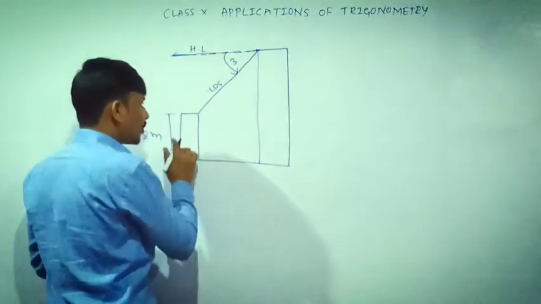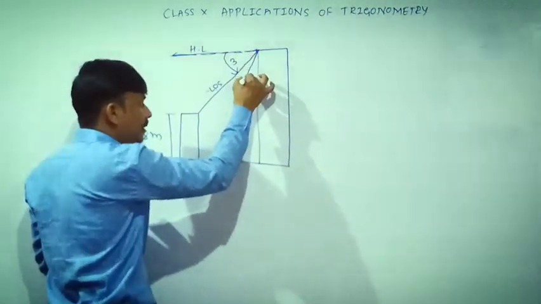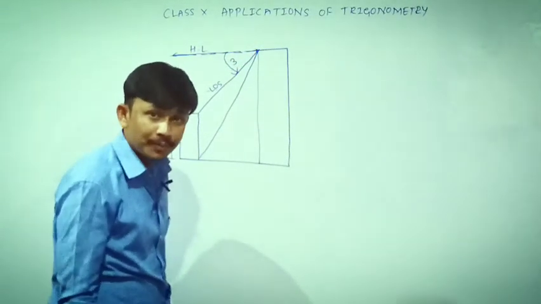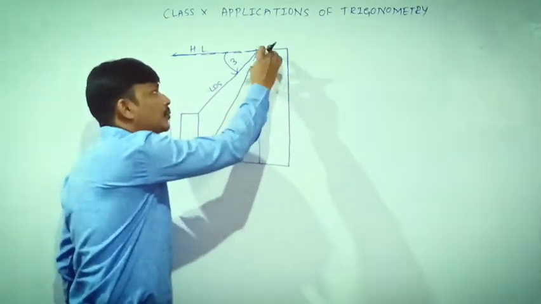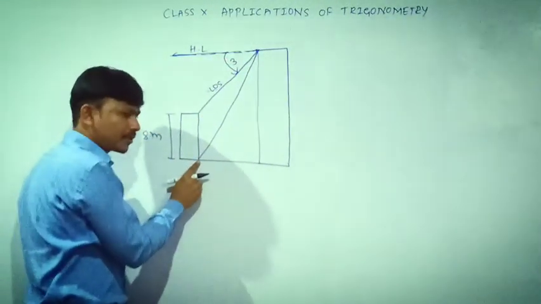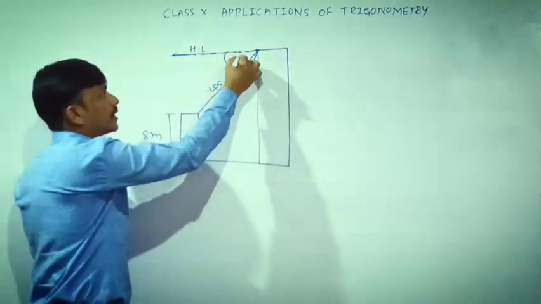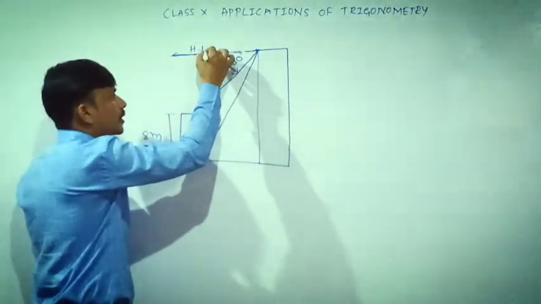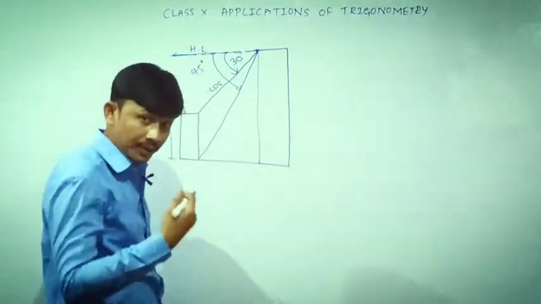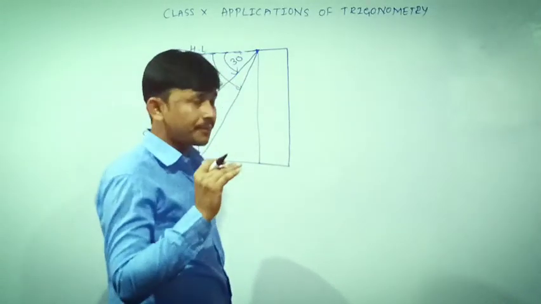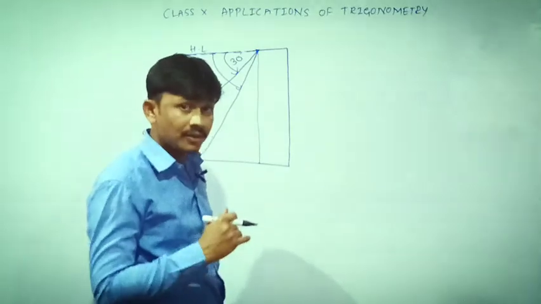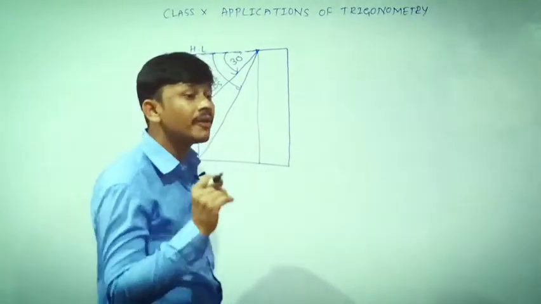You have to observe the top and bottom of this 8 meter tall building from sitting above the multi-storied building. Sitting on top of the multi-storied building, you look at the top of the small building, and a 30 degree angle is created. Looking at the bottom, a 45 degree angle is created. It is the angle of depression because the angle between the line of sight and the horizontal is below the horizontal.